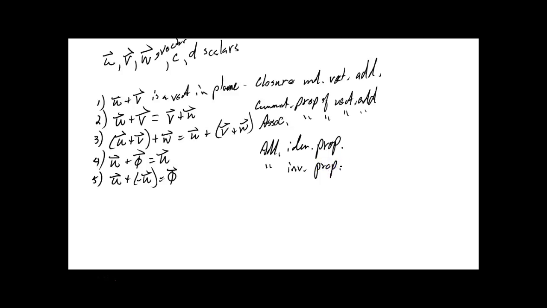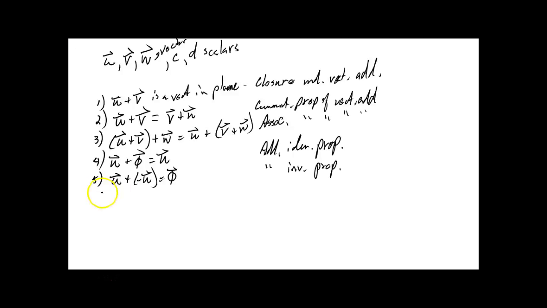Okay? They're similar here. Their names are similar, additive inverse property. You add a vector to its inverse, which is exactly the opposite of it, you're always going to get the 0 vector. Okay, and again, component notation would be the way to prove that one as well. So those first 5 are your additive ones.